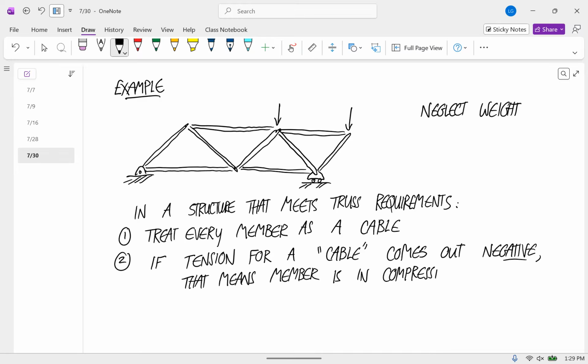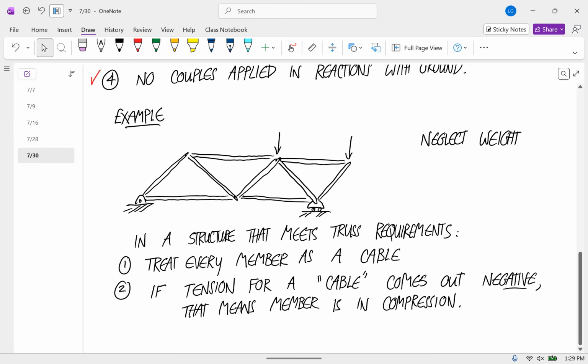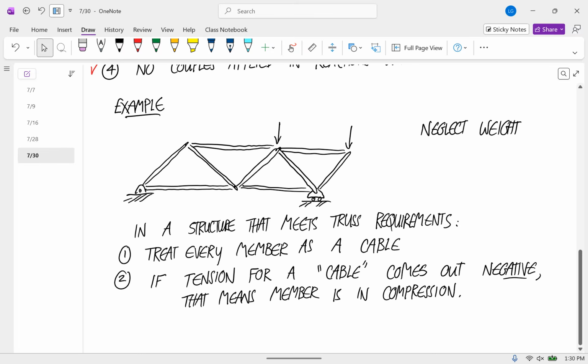So think about what would be happening to this member where my cursor is on the right side. That downward force would have the tendency to try to squish that member. And if it was a cable, it wouldn't be able to support that compression. That's why cables can only allow positive tensions.